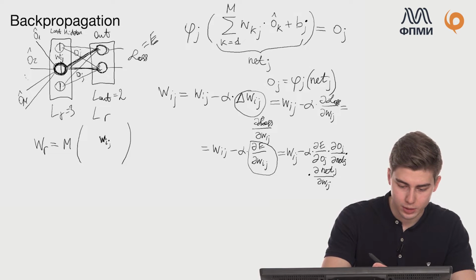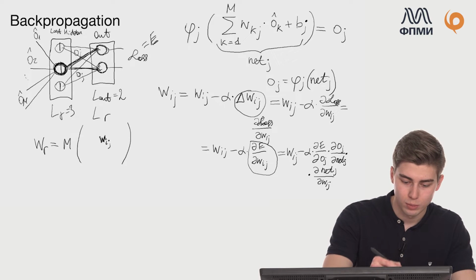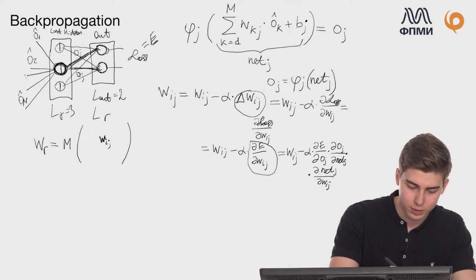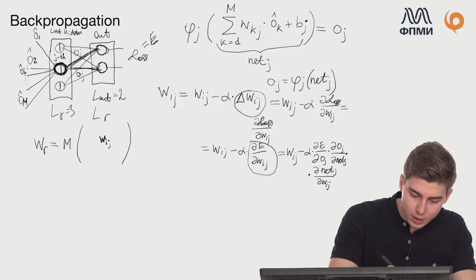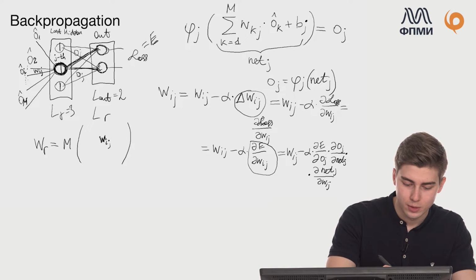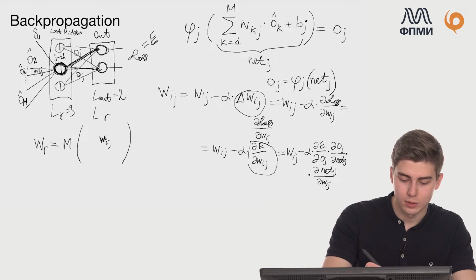Oh, sorry, here it is not in the right place. Let me draw it correctly. Here we have O_1, O_2, the second input, the input number i, and the input number M. And this is the j neuron, and w_ij is just the weight number i in the weight vector of the j neuron.